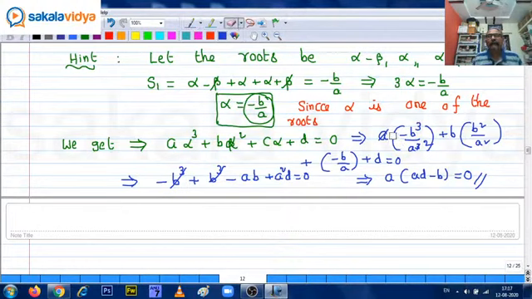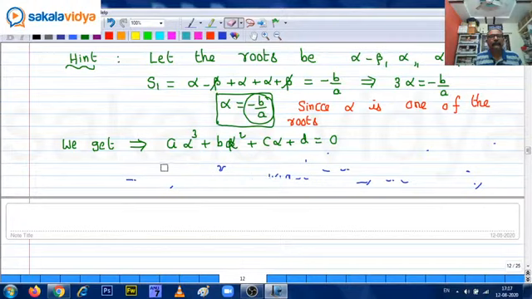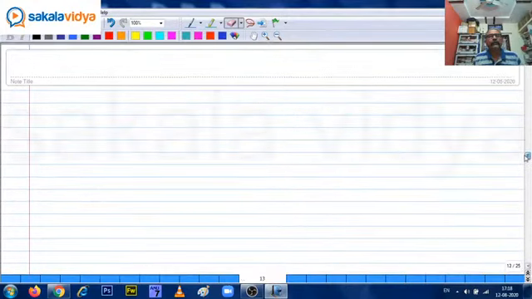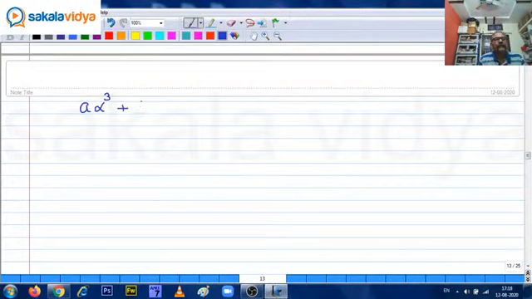So now what do we have here? See, a alpha cube plus b alpha square plus c alpha plus d is equal to 0.